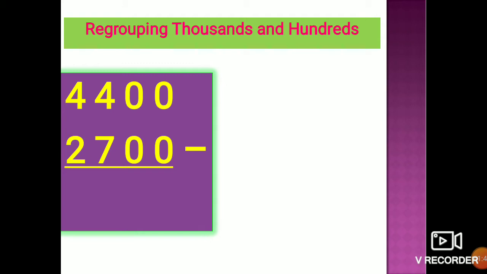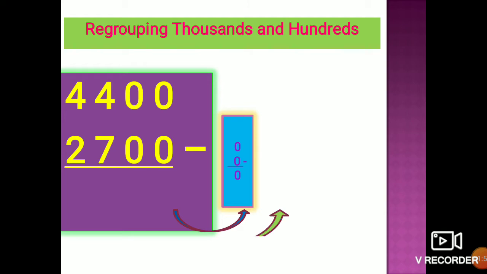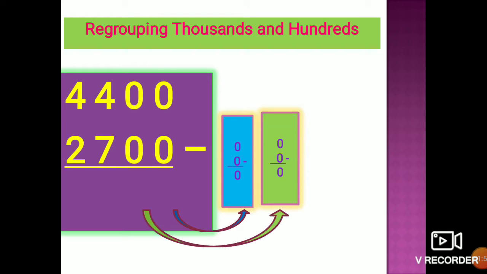Now we move on to more regrouping of thousands and hundreds. We have 4,400 minus 2,700. We work from the ones. 0 minus 0 equals 0. Then the tens: 0 minus 0 again, still 0. Then the hundreds. Now 4 minus 7, is that possible? No. So what should we do?